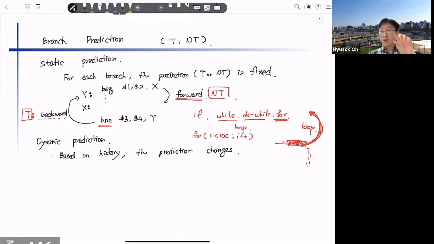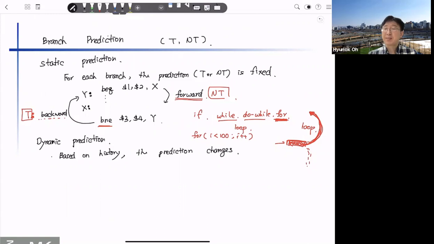Okay, so if we are looking at the branch, we know the label, right? So then we know that if the label part is positive, it means that it's forward. The forward case uses the not taken prediction. If the label part is backward, a negative value, then it is using the taken prediction. Then in many cases, it is showing better performance.